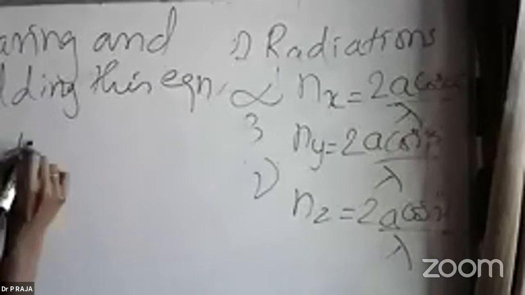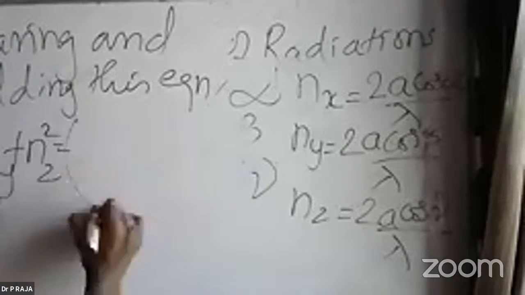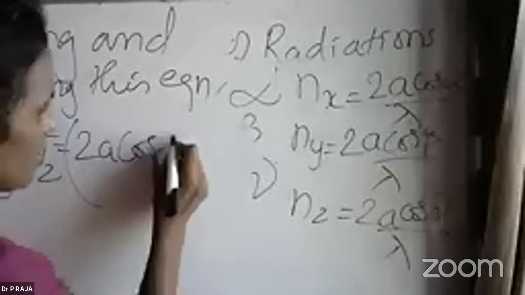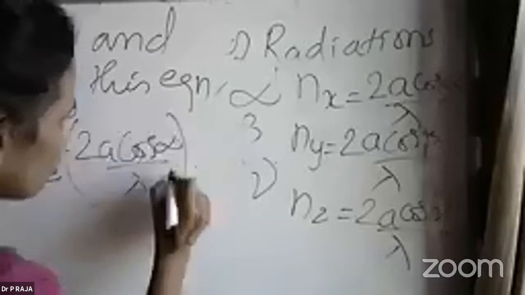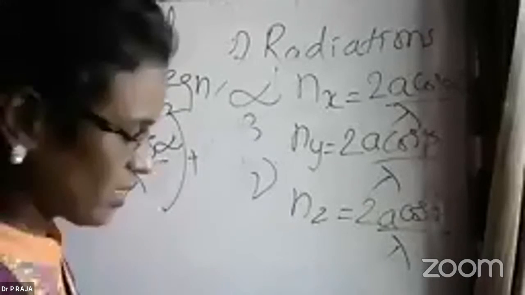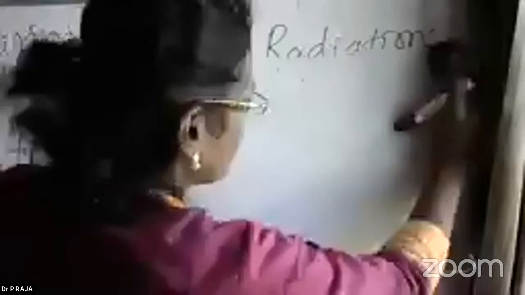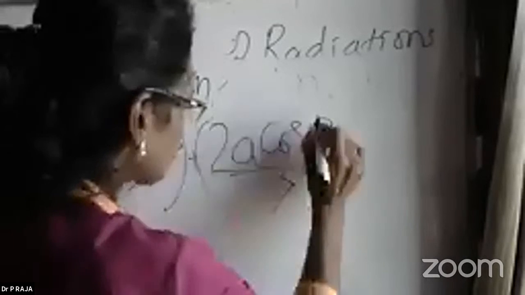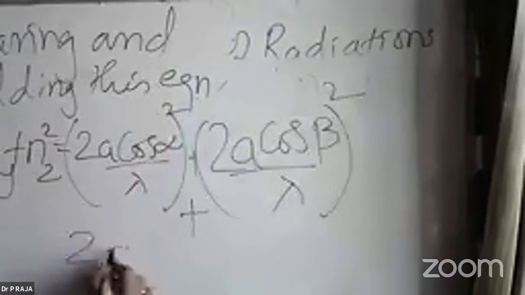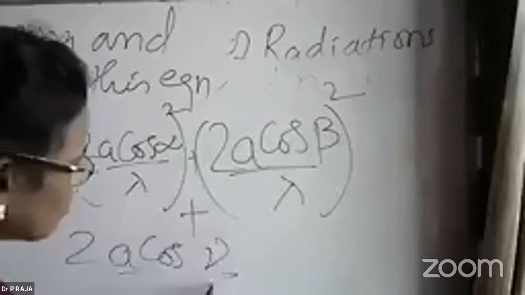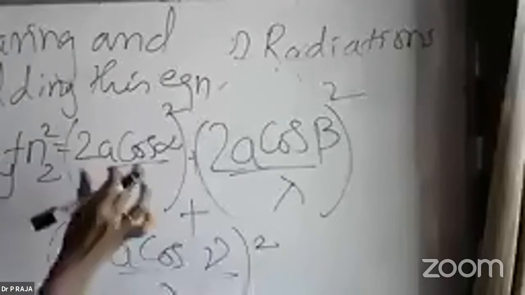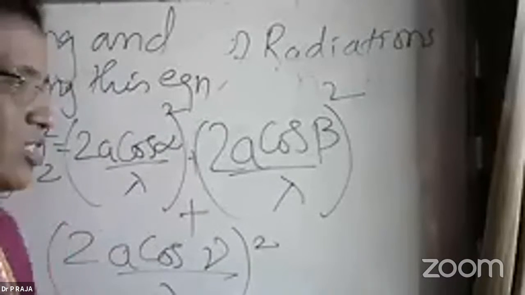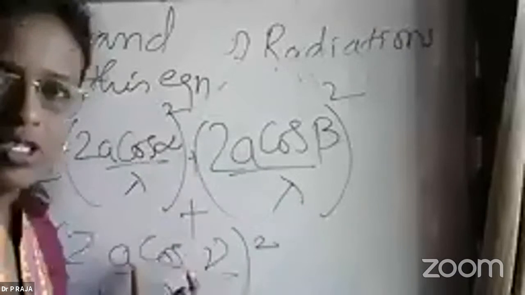So nx square plus ny square plus nz square. Squaring this equation will become 2a cos alpha by lambda the whole square, plus 2a cos beta by lambda the whole square, plus 2a cos gamma by lambda the whole square. Add up this equation and take the common factor. What is the common factor? 2a by lambda is coming in all three terms, isn't it? So take 2a by lambda commonly outside.